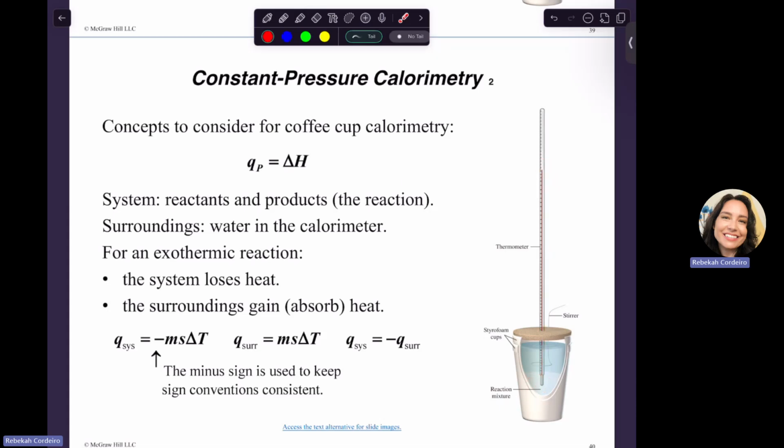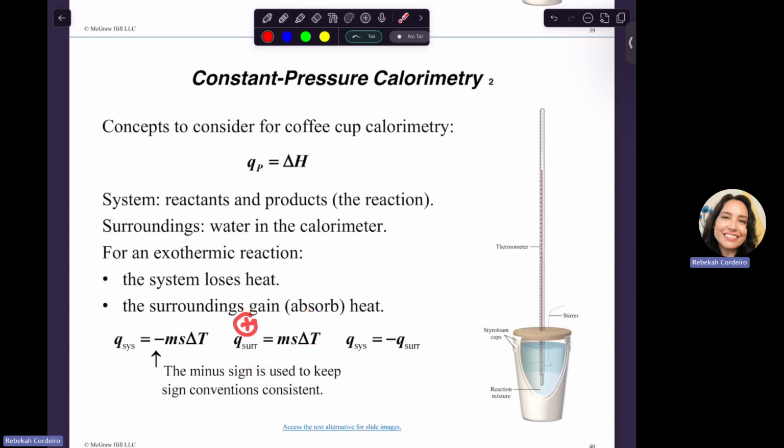When I'm measuring the temperature, I'm measuring the mass of the whole reaction, which includes the water. I'm measuring the specific heat of the water, the change in temperature of the water. The water is the surroundings in this case. So if the temperature goes up, then Q goes up, right? This is going to be positive.